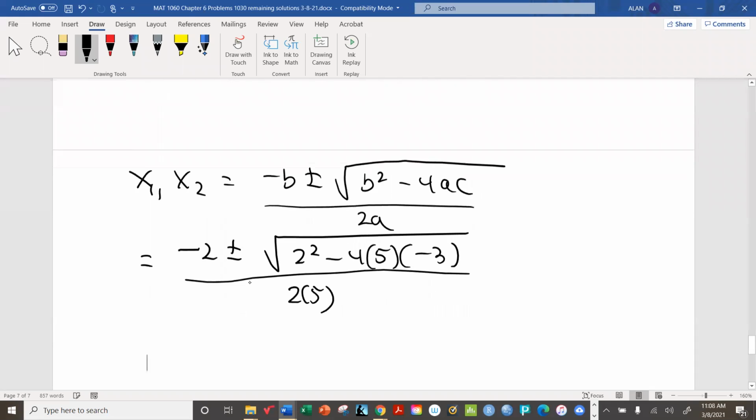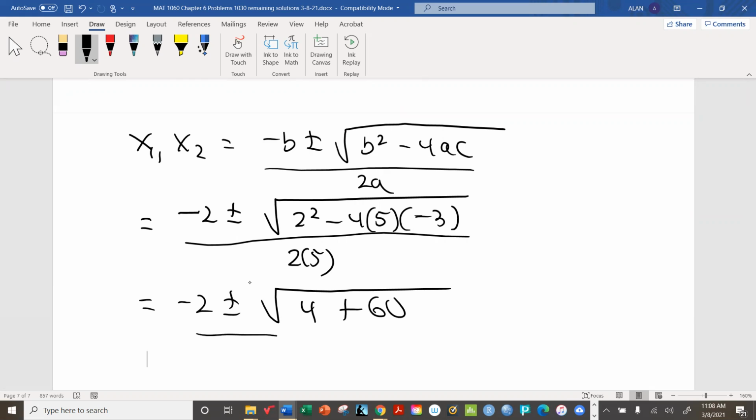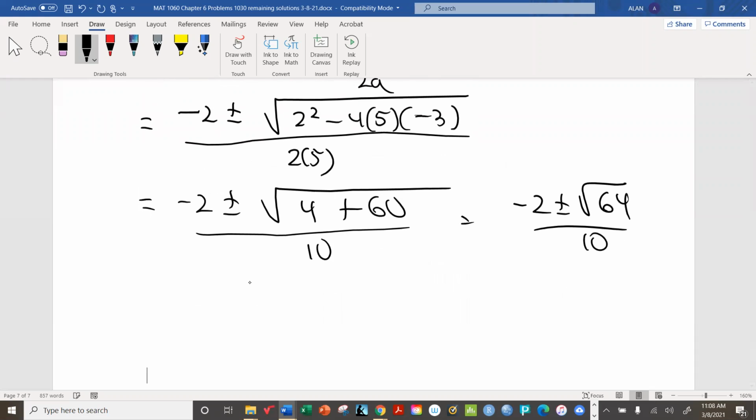Okay, so what does that give us? 4. Now this one is actually plus 60. With 2 negatives, this becomes positive. And that's actually good news because that means we have ourselves a perfect square. Cause for celebration.